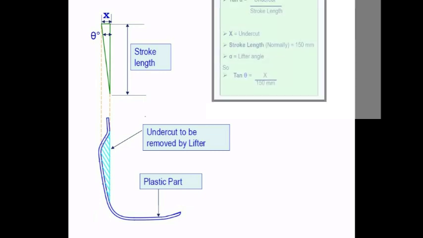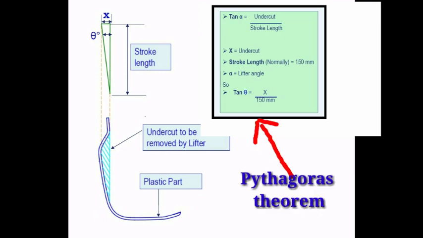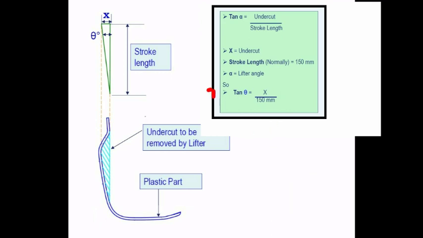Normally the stroke length is considered 150 mm and alpha is the lifter angle. So tan alpha is equal to the opposite side upon the adjacent side, that is X upon 150 mm, that is undercut upon the stroke length. Undercut is equal to X and stroke length is equal to 150 mm.